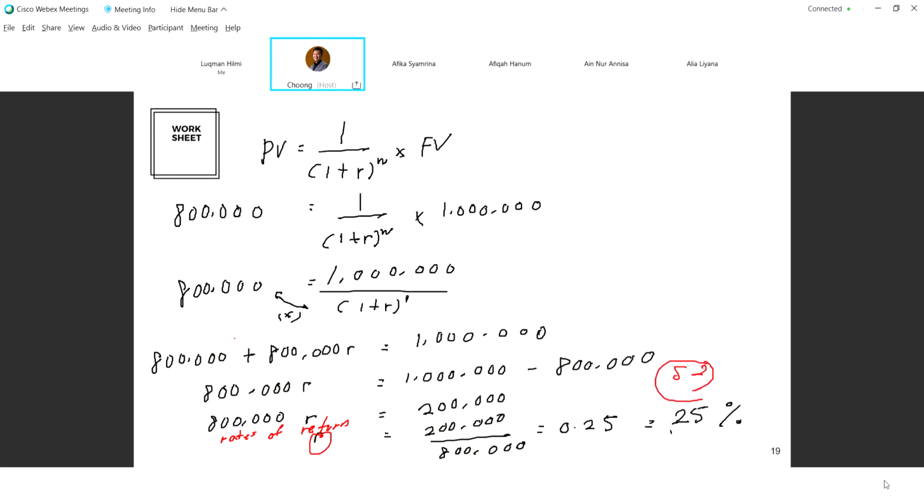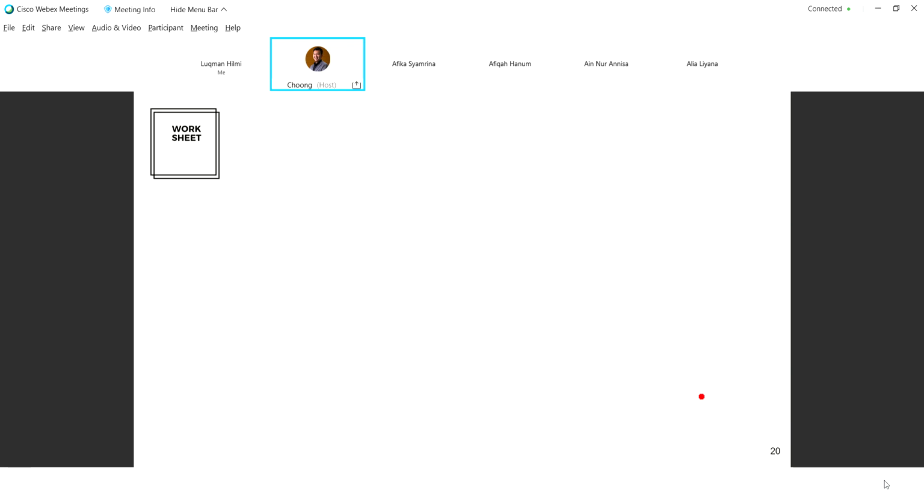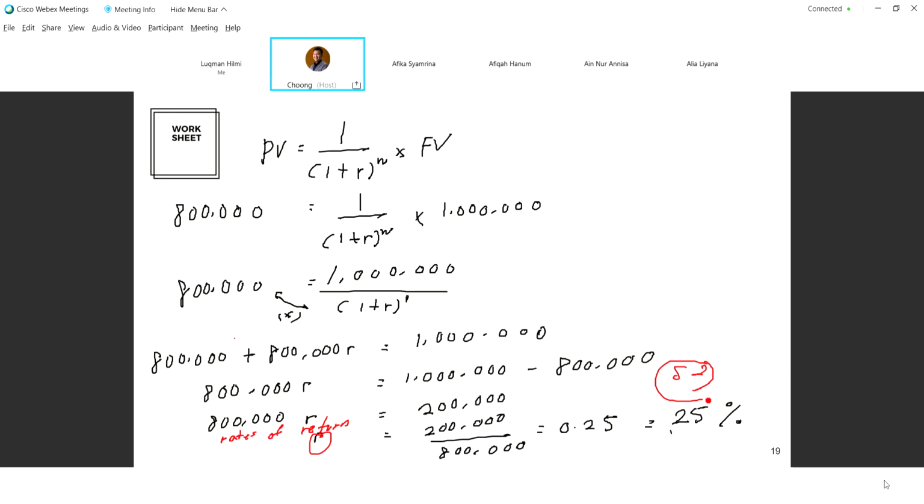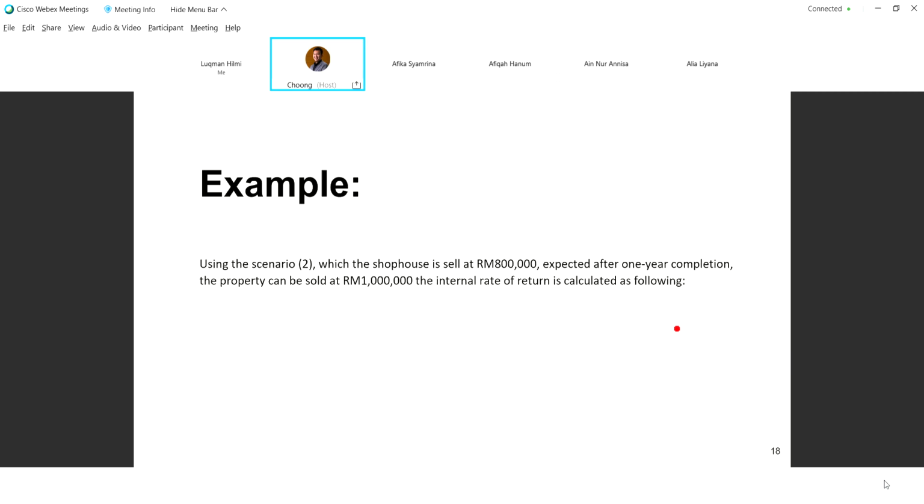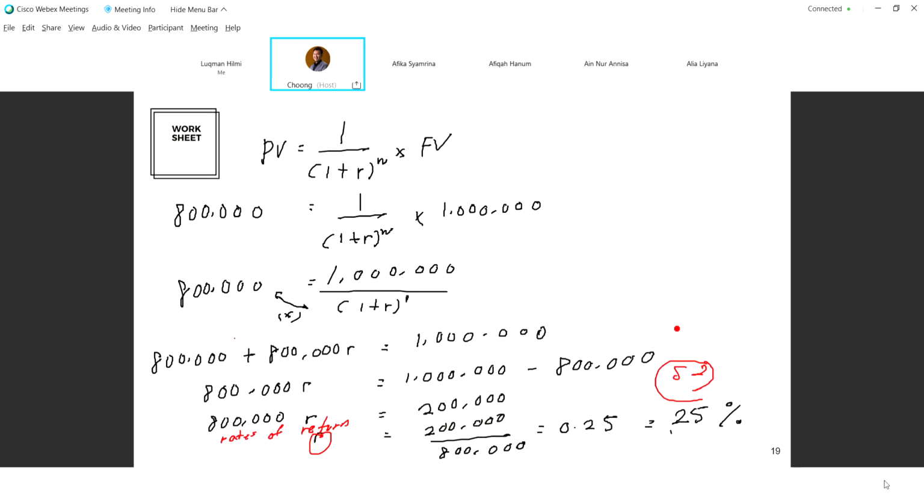So which one is better? Definitely scenario 2 is better, right? Because scenario 2 is 25%. So if we are given the chance to invest in two projects, project A and project B, for scenario 1 and 2, definitely in this case we look at the second scenario, which is 25%, as better.